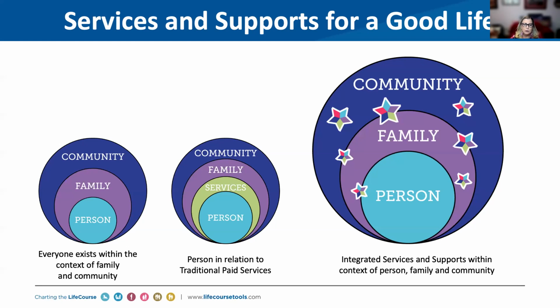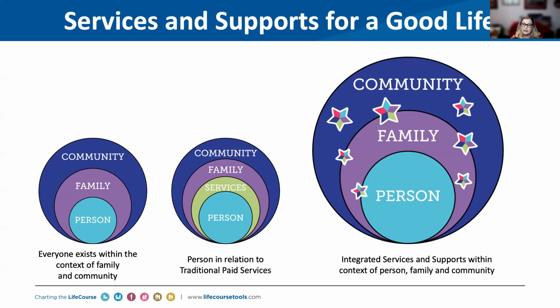Now in the middle, when you're a person who either has a developmental disability, maybe you're someone who's aging or has a mental health issue, you may receive some type of paid services. Traditionally, those paid services are wrapped around a person so tightly sometimes that it can cut you off from your family and community. What we would like everyone to get to is the big circles on the right.